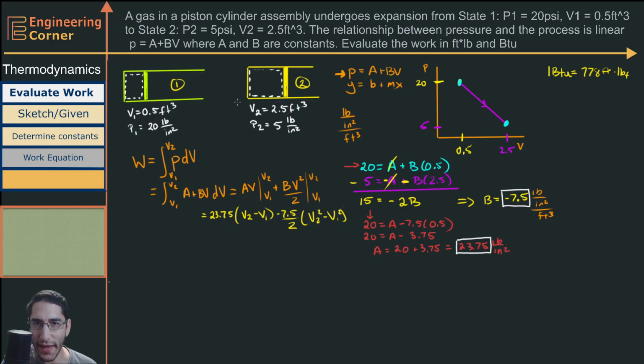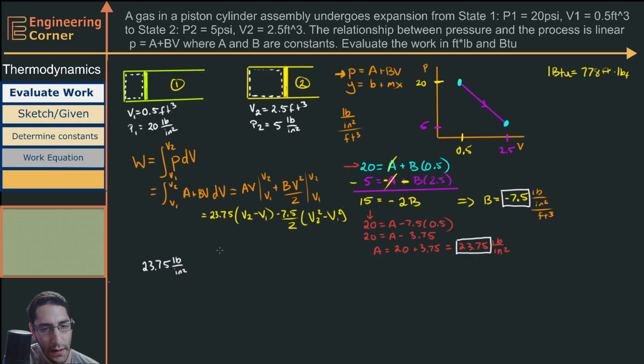Again, because we're working with English units, we need to be careful of the units. So I'm going to explicitly write out everything. I'm going to have 23.75, and that is pounds per square inch.